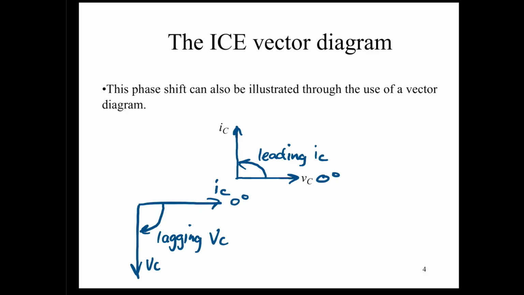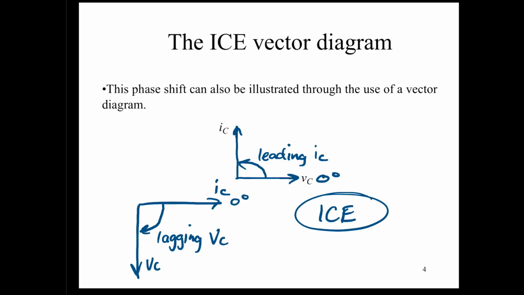So it's all determined by simply your reference, and with current as the reference, we have a lagging voltage, and with voltage as the reference, we have a leading current. But realize that that doesn't change this acronym at all. It's still describing the exact same relationship between voltage and current.